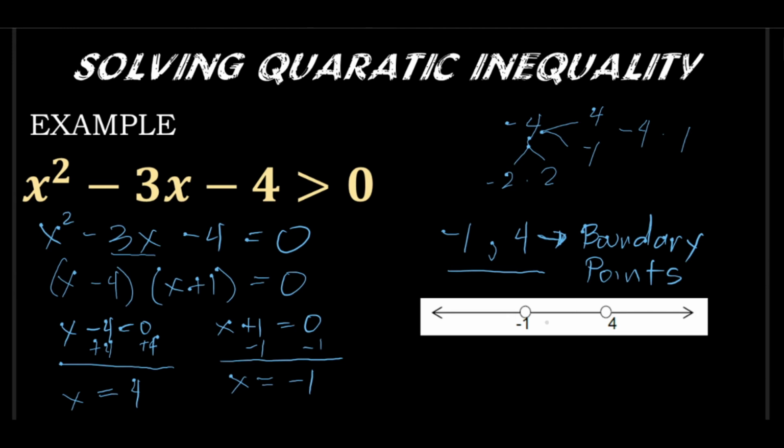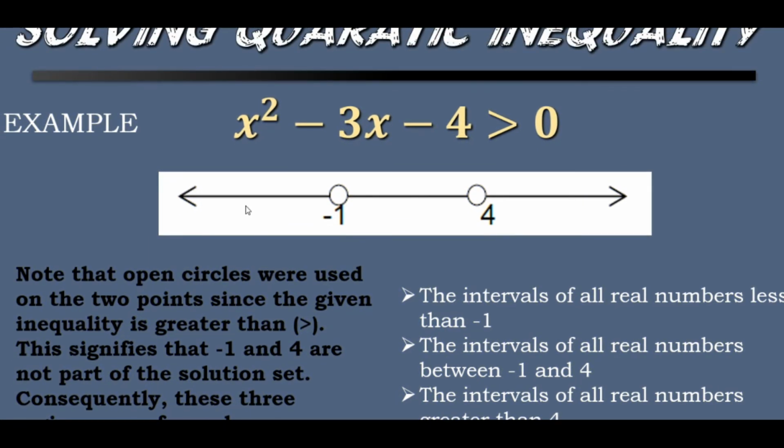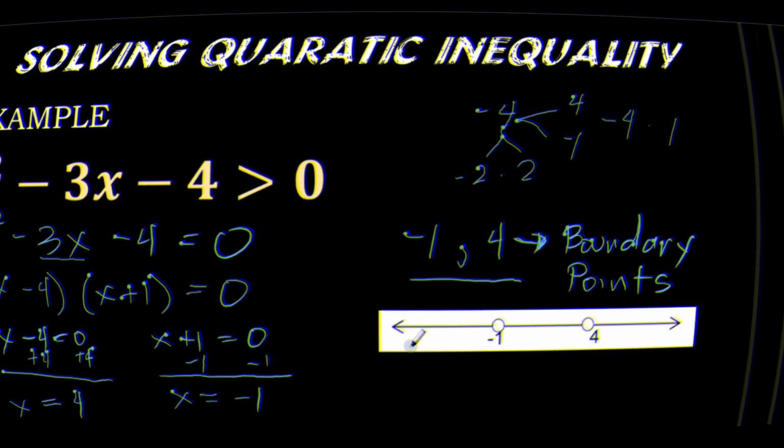Now, dahil dito sa boundary points, nahati yan sa tatlong region. At ito yung tatlong region na tinutukoy ko. The intervals of all real numbers less than -1. And the intervals of all real numbers between -1 and 4. So, ito ang nasa gitna. And the intervals of all real numbers greater than 4.